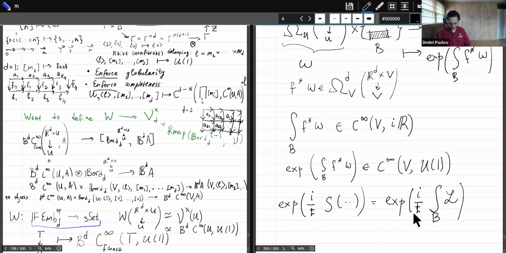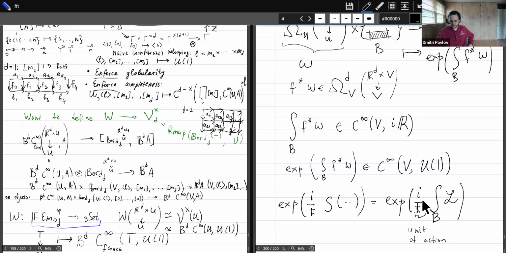And so to convert back to a dimensionless quantity that you can take the exponent, well, you have to divide by the unit of action. This is the unit of action. The elementary action, if you want, yeah. H bar, the reduced Planck constant.